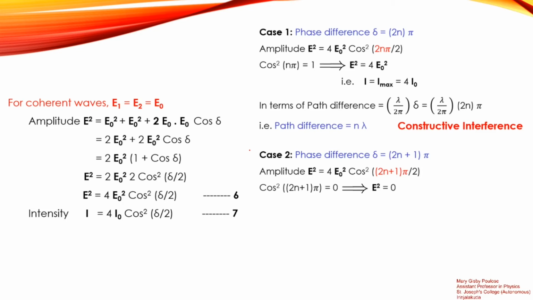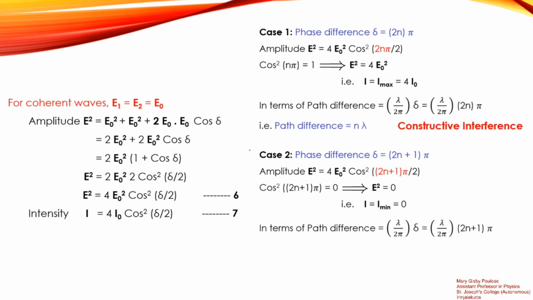You can verify it by giving values of n equals 1, 2, 3, etc. So this implies E square is equal to 0. In terms of intensity, I is equal to I minimum is equal to 0. This is the least possible value for the intensity of light.